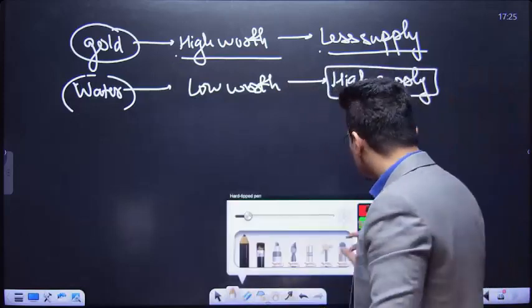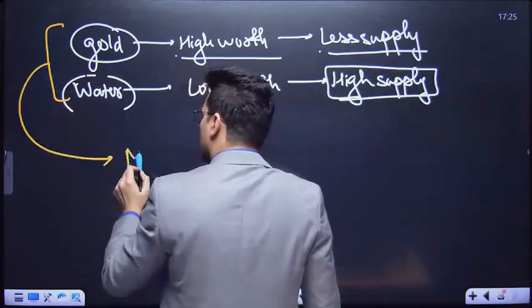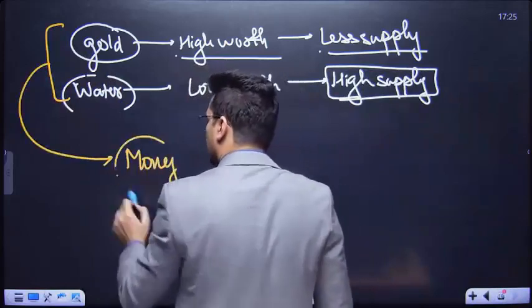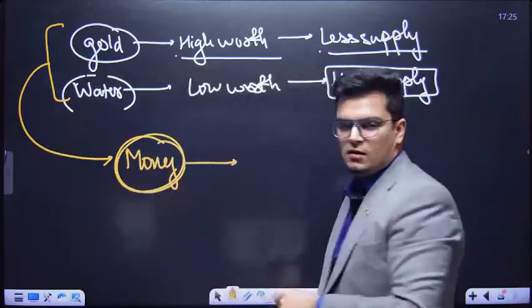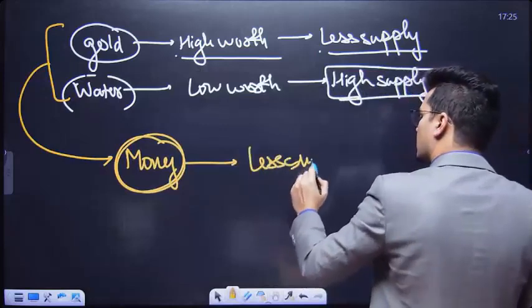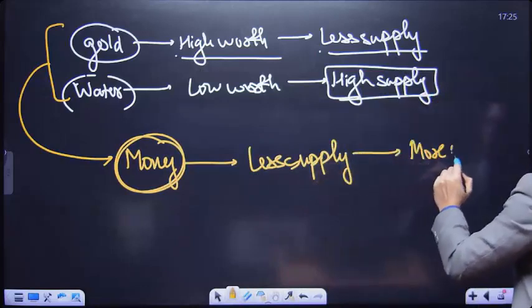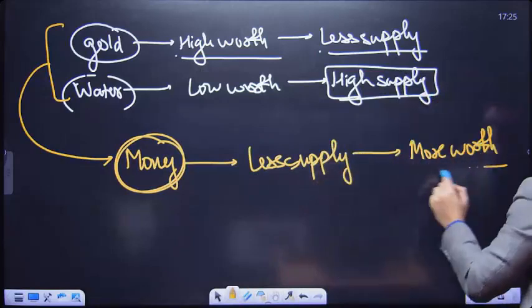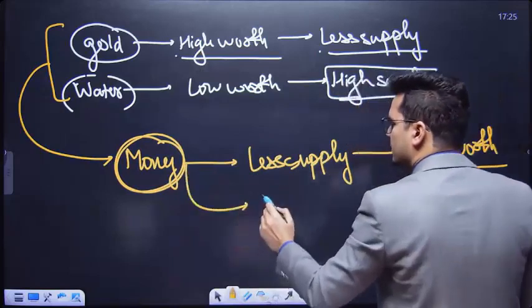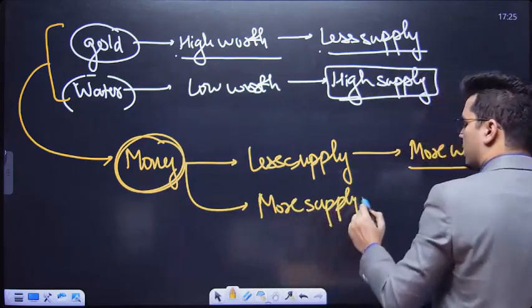Similarly, I can use this logic to say that when money or my currency has less supply, it will have more worth. When my currency has more supply, it will have less worth.